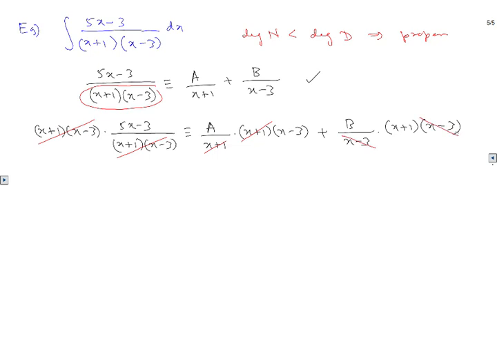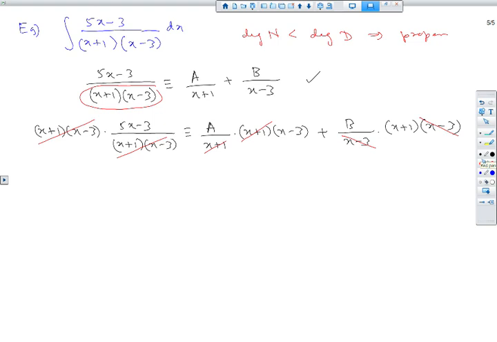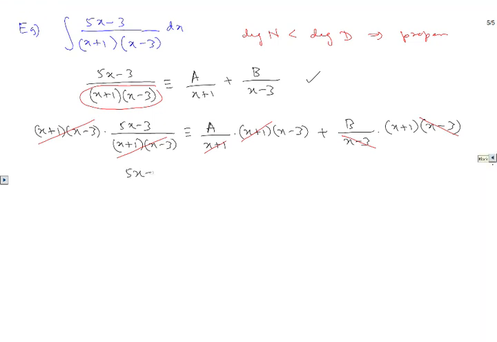After the cancellation, you get 5x minus 3 identical to a(x minus 3) plus b(x plus 1). Now we're going to use what we call the hybrid method.